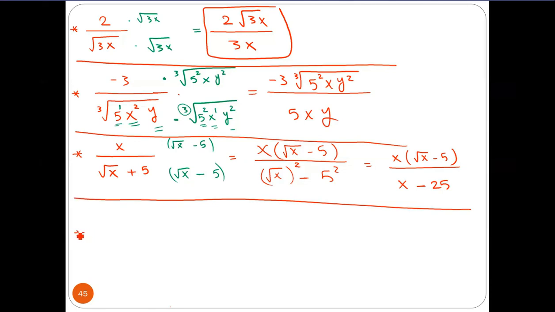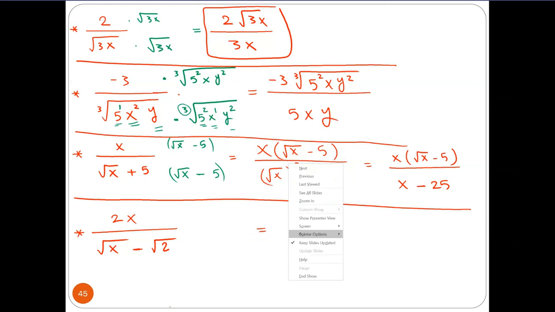Also, sometimes we have two radical. For example, 2x over radical x minus radical 2. What's the conjugate of this one? The conjugate, this is the same denominators, radical x and radical 2, but opposite sign.